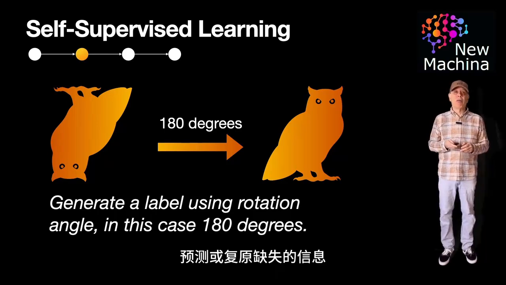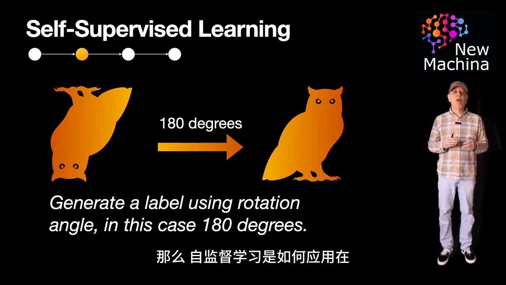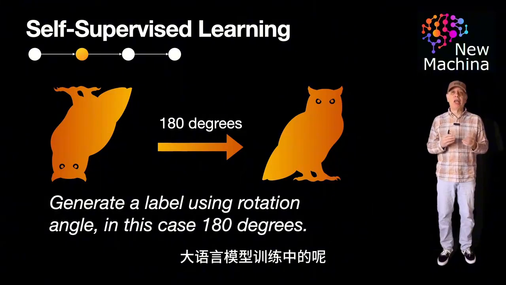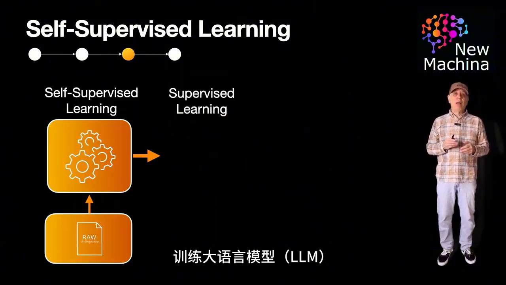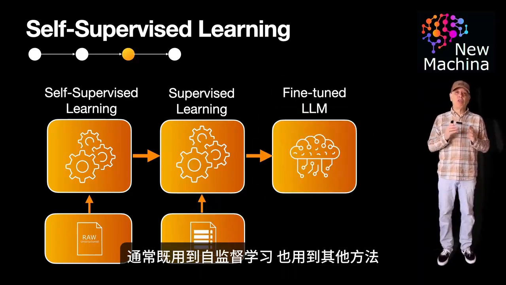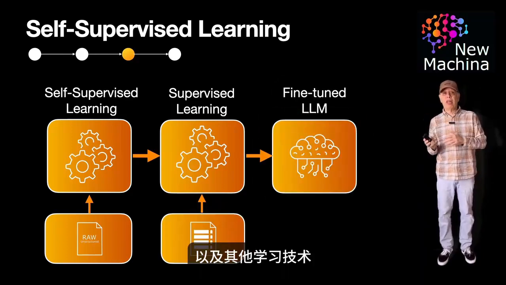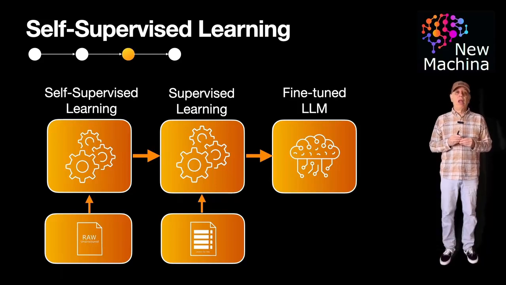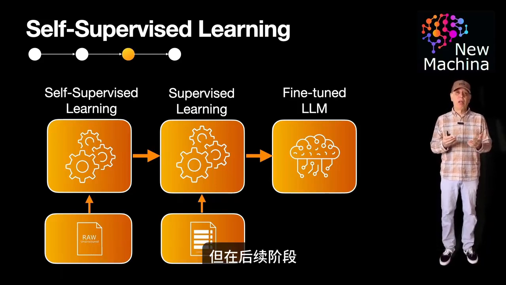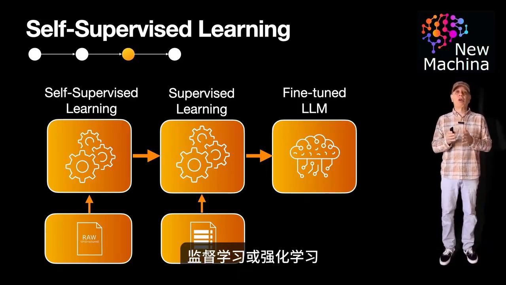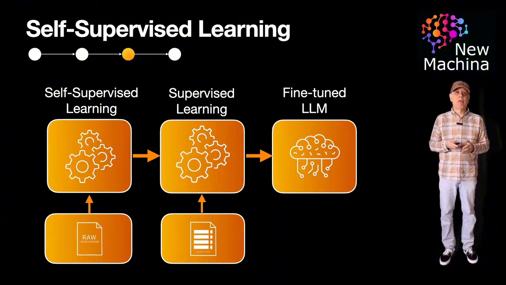So how is self-supervised learning used in training large language models? Well, training LLMs involves both self-supervised learning as well as other learning techniques. LLMs use mostly self-supervised learning during the pre-training phase, but they often use supervised learning or reinforcement learning later in the training process.